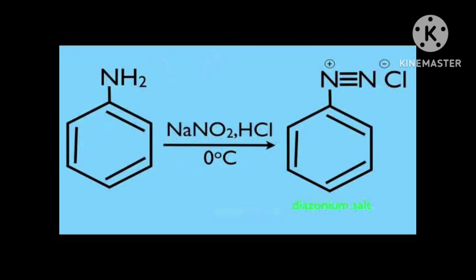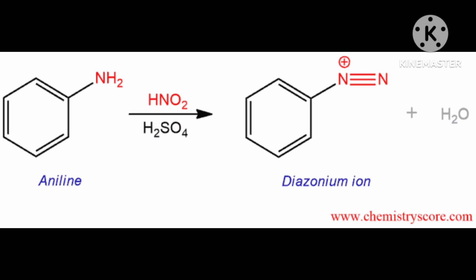Iodine is not easily introduced into the benzene ring directly, but when diazonium salt solution is treated with potassium iodide, iodobenzene is formed. Actually, introduction of iodine in benzene is a little difficult. Okay, then here you will take KI, no metal. Potassium iodide you require here.